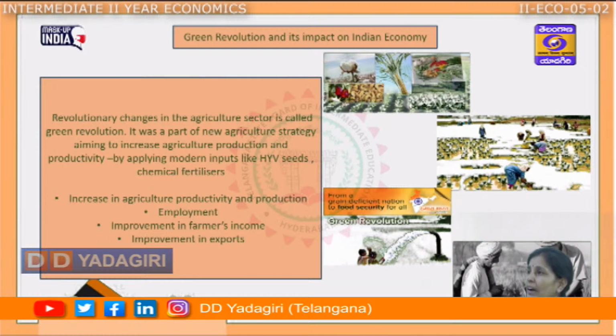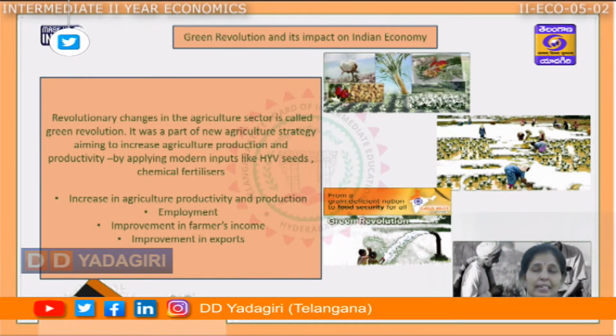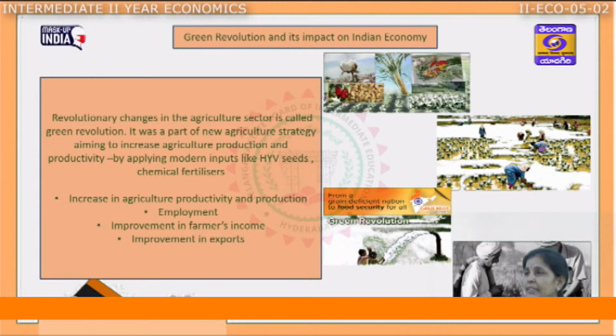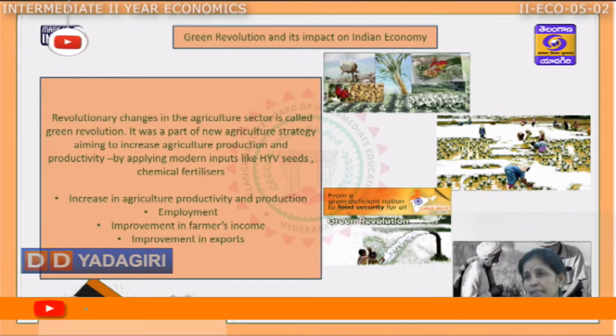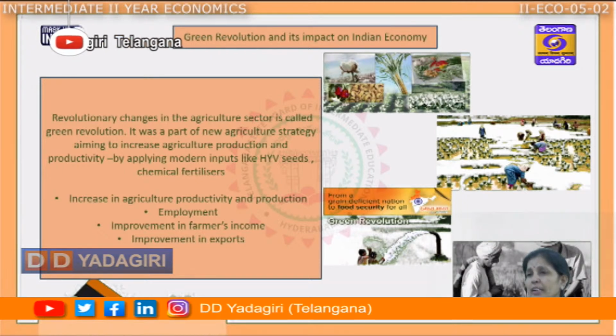The next topic we have is the green revolution. What exactly is this, and what is its impact on India? Green revolution is defined as bringing revolutionary changes in the agriculture sector. It is a part of the new agriculture strategy which was introduced by the government in 1960.